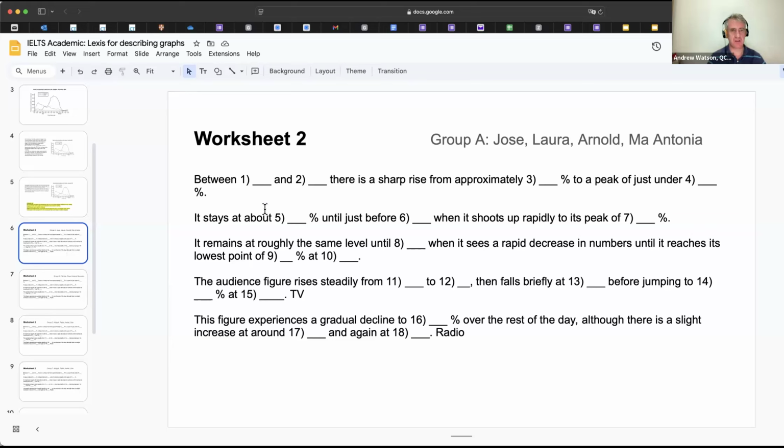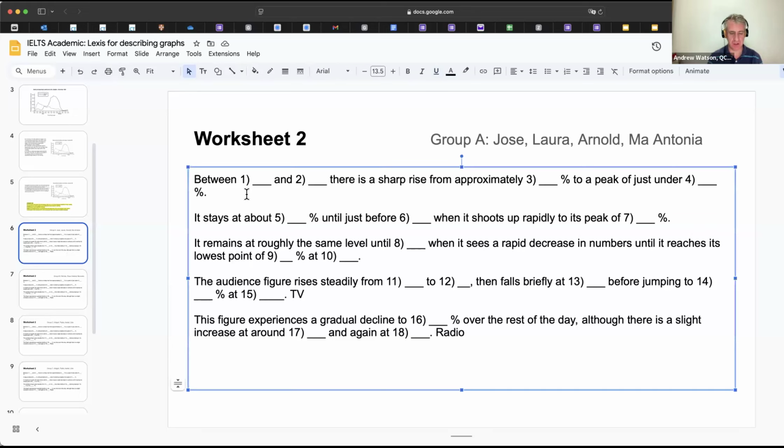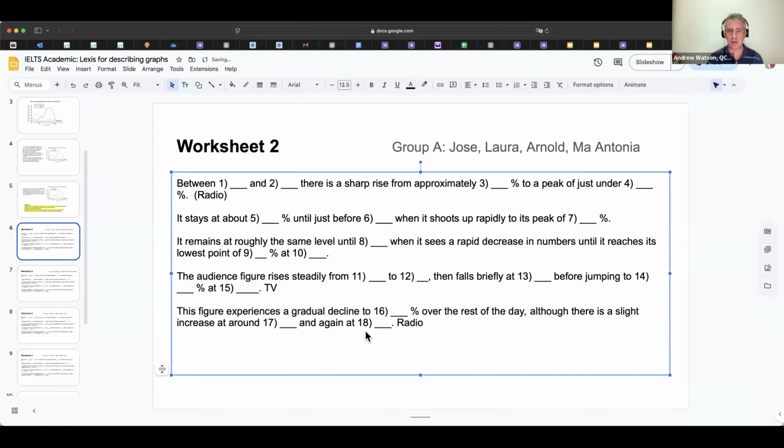So did you agree that the first one is radio? What about: it stays about blank until just before blank when it shoots rapidly to its peak of blank? Is that TV or radio? The second one.